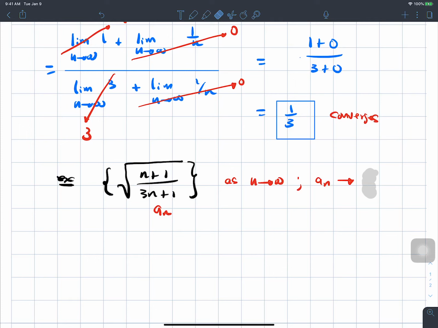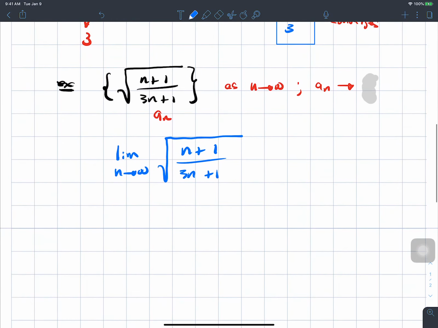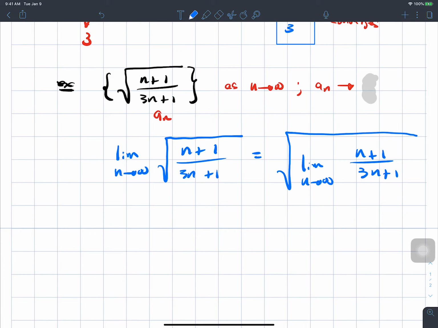So I'm going to give you both notation. The limit, n goes to infinity, of the square root of (n plus 1) over (3n plus 1). So again, by properties of limits, we're going to take the square root of the limit, n goes to infinity, of (n plus 1) over (3n plus 1). And you say, well, we just did that one. That limit goes to 1/3. And you're right.